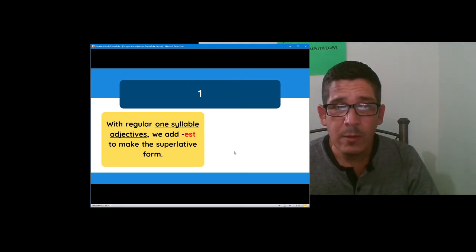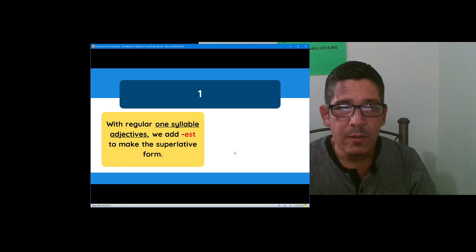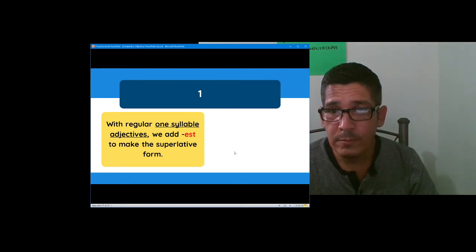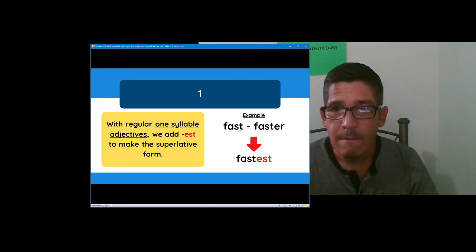For example, with regular one-syllable adjectives, we add est to make the superlative form. Example, fast, faster. But in the superlative, fastest. Rápido, más rápido, el más rápido.